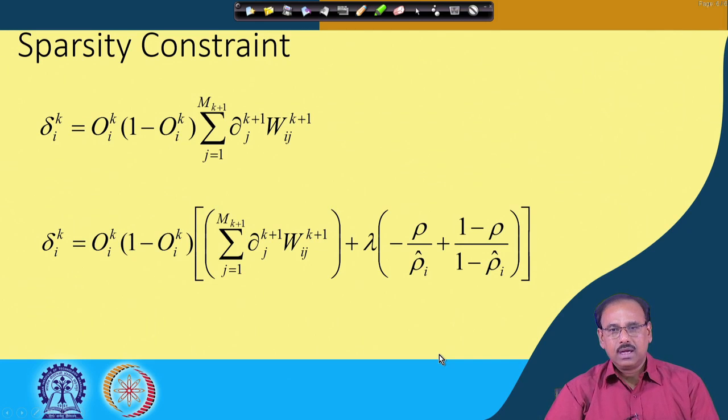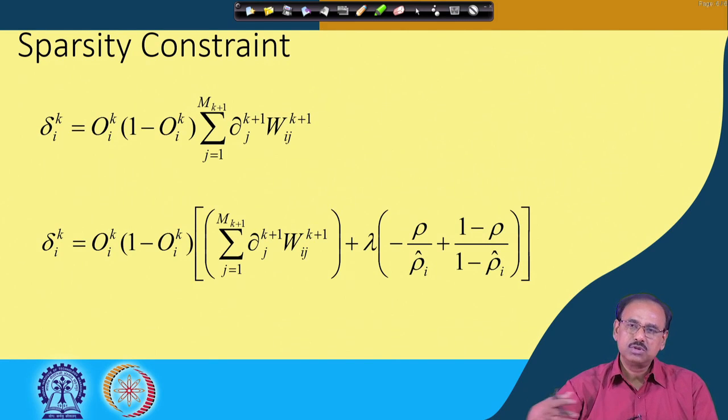If you try to recollect, when we talked about the backpropagation learning of multi-layer perceptrons, we had a term delta ik, which consisted of the back propagated error from the subsequent layers, from the output side towards the inner side. This delta ik was a combination of errors from all those nodes or paths to which this ith node in the kth layer was feeding its input.